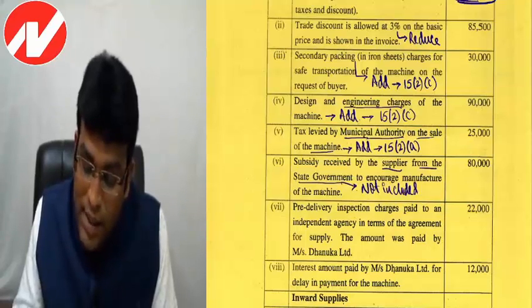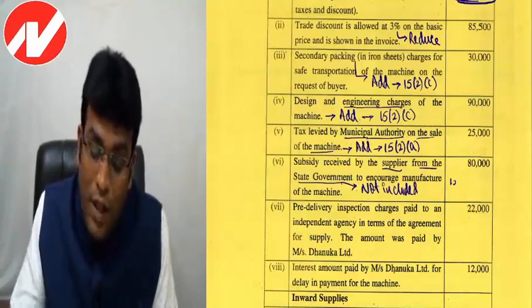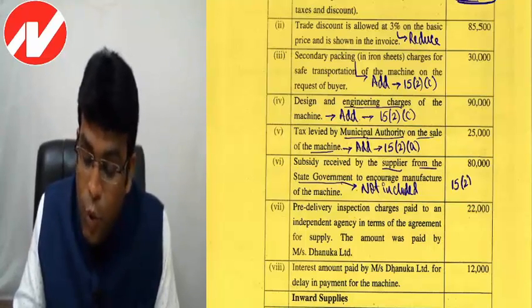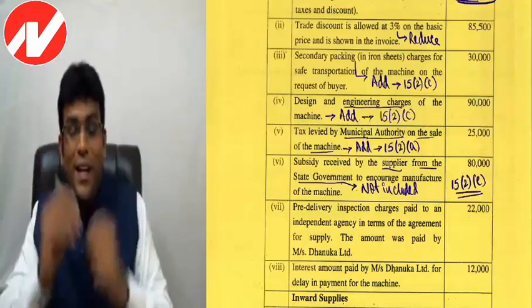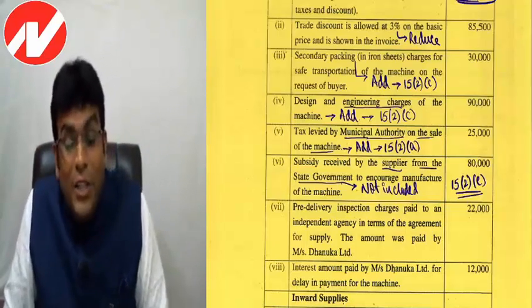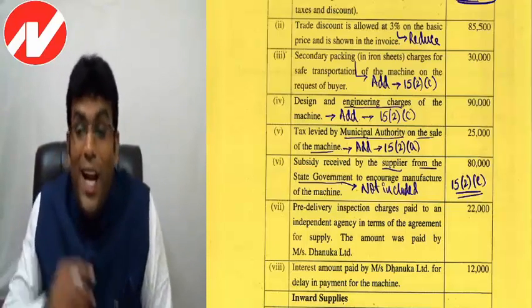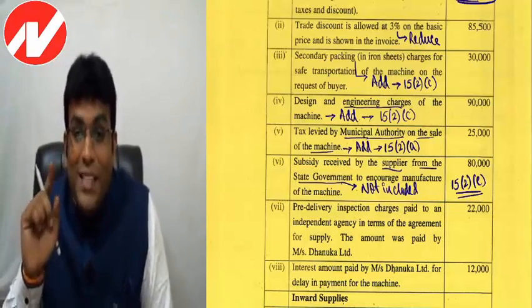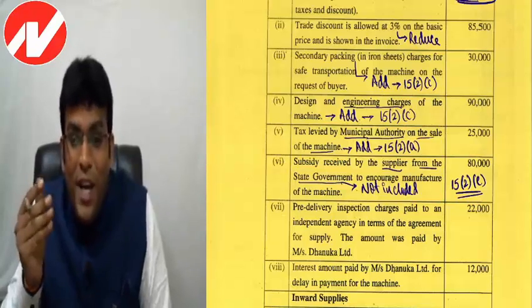Why? I'll tell the reason, my dear friends. We have got one brilliant section called section 15(2)(e), which says that any subsidy linked to the price will be included in the value of supply, except subsidy from central government or state government.